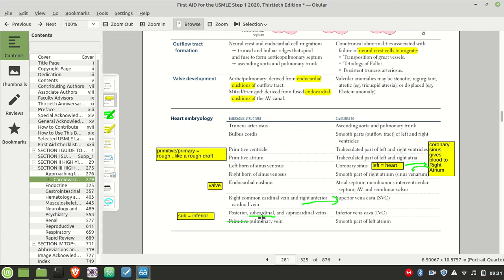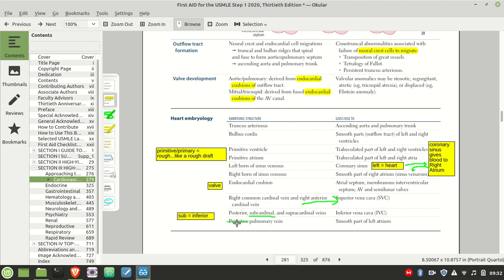Okay, and next here you have subcardinal vein. Anything sub is inferior or below, and so inferior vena cava. Now there's more to remember than just that, but this is the one that makes it click in my mind.